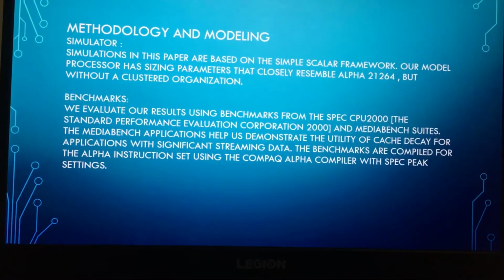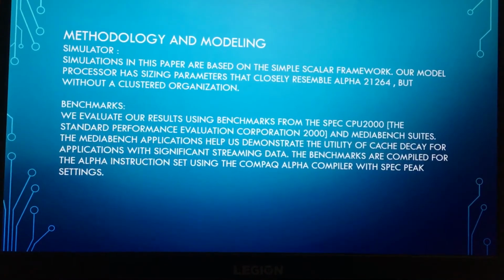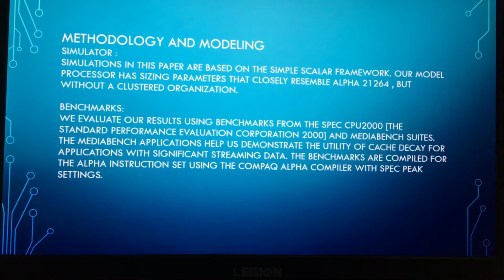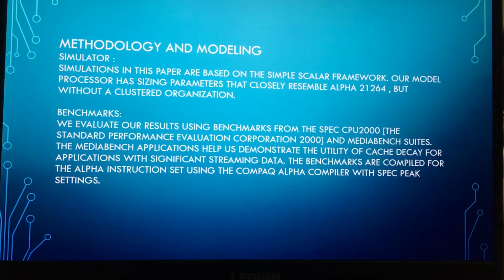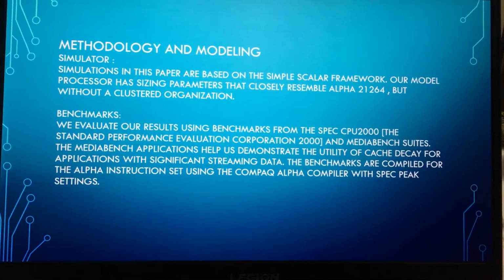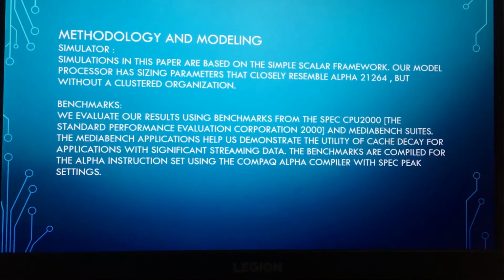Methodology and modeling. Simulator. Simulations in this paper are based on the SimpleScalar framework. Our model processor has sizing parameters that closely resemble the Alpha 21264 but without a clustered organization. Benchmarks.